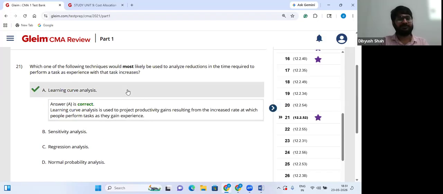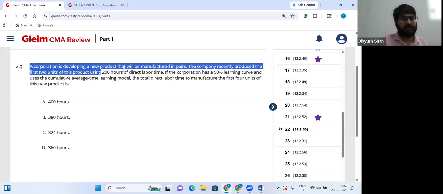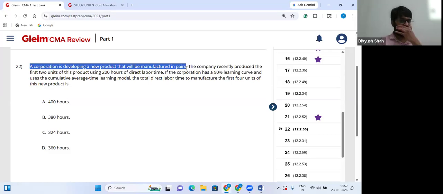The chapter name is learning curve. Everything will be learning curve. Homework. A corporation is developing a new product that will be manufactured in pairs. The company recently produced the first 2 units of this product using 200 hours of direct labor time.